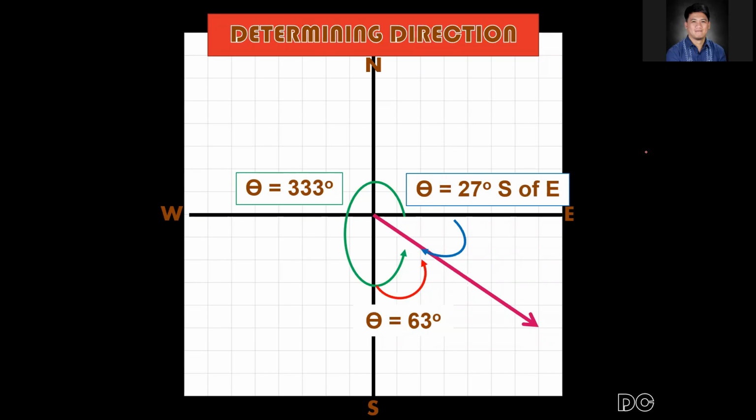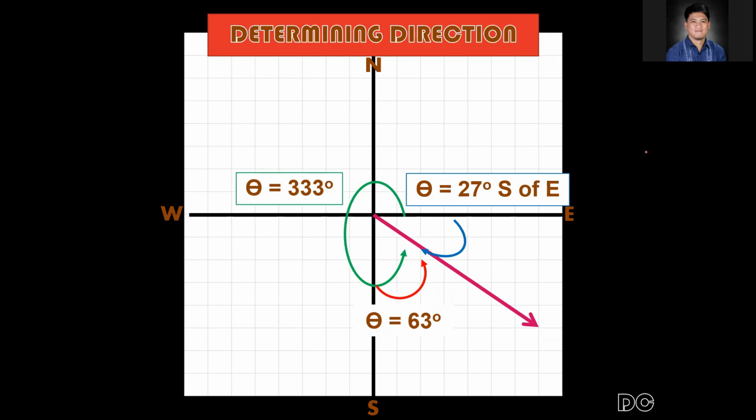And since the angle theta, which is the blue arrow, started from the east, then it moves downward to the south, therefore, the direction of our angle is south of east. And to complete this, theta is equal to 27 degree south of east. So that is how to determine direction using a Cartesian plane.